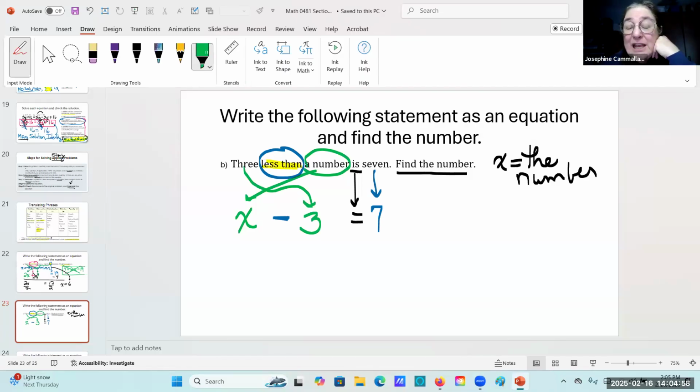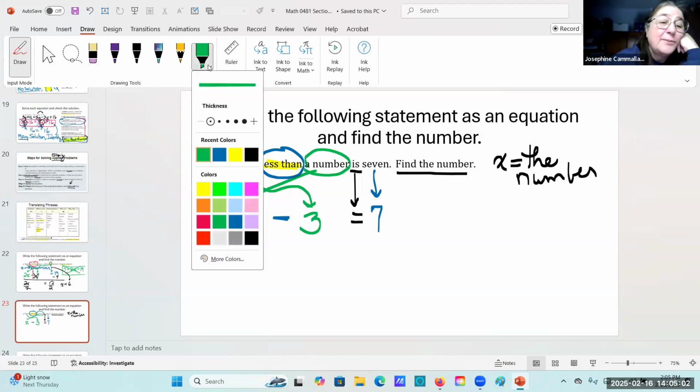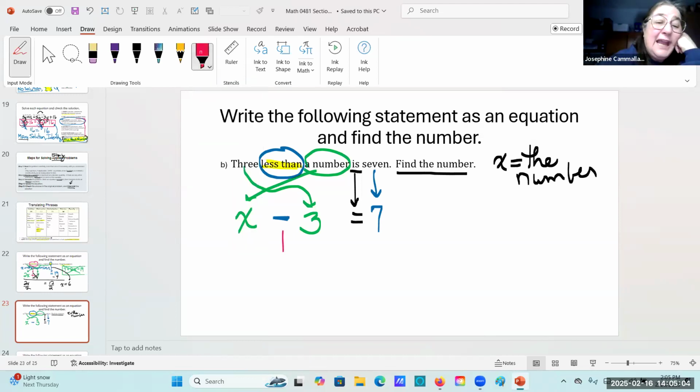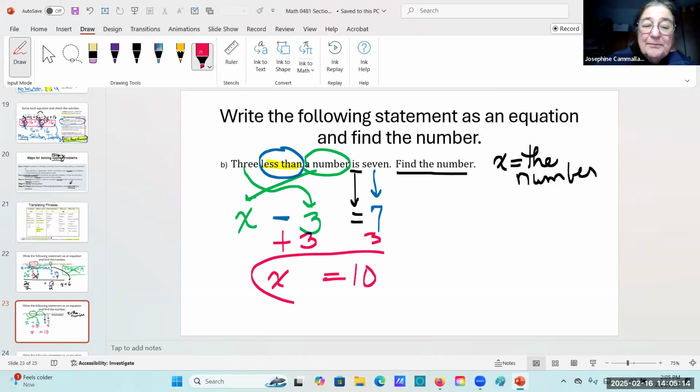Might as well do it at the beginning. And then we finish. We add 3 to both sides. This is a one-step equation. X is equal to 10. And 10 is our number.